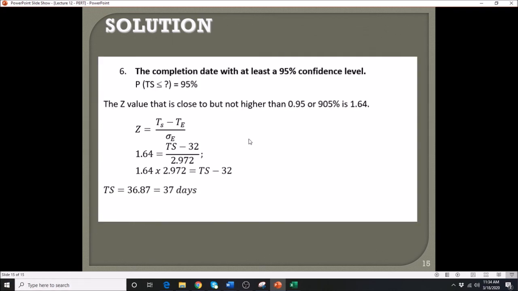So with that, plug in the value, cross multiply, arrange the equation, and it will give you 37 days, which means that the 37 days will give us a 95% confidence level, because the client may ask you what day will give us 95% probability. Well, your answer will be 37 days.